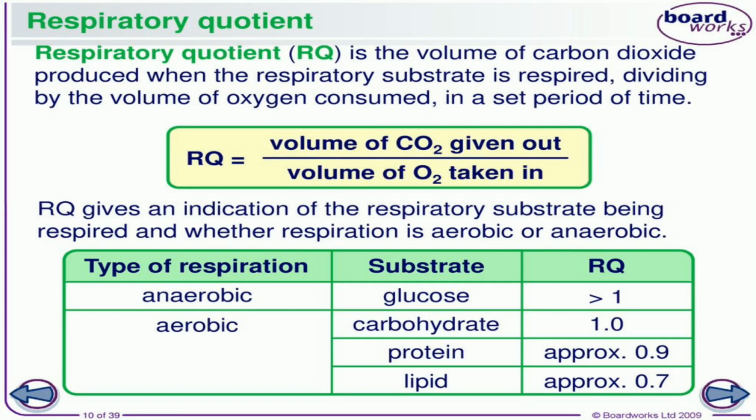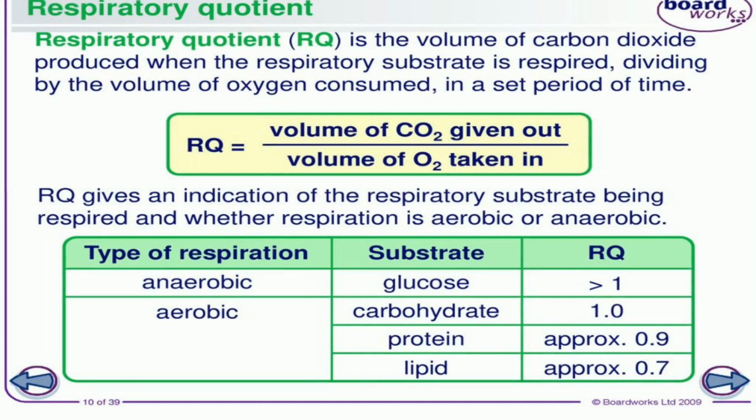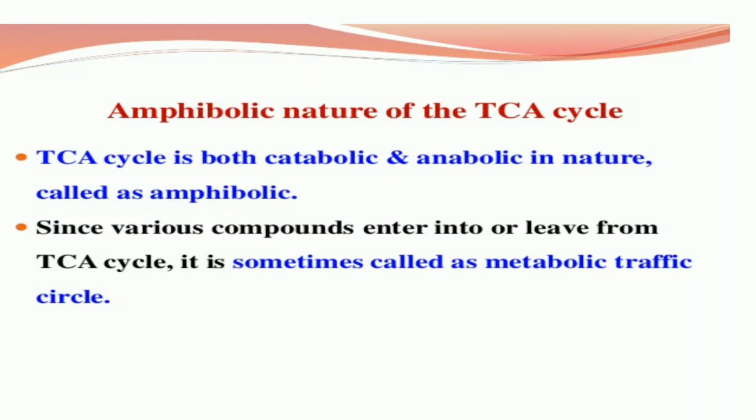Now, what is respiration? Catabolic or anabolic? In fact, we will give a third term for the process of respiration, and that term is in between catabolism and anabolism, and that is amphibolic pathway. Respiration is the amphibolic pathway because it is both catabolic and anabolic in nature.